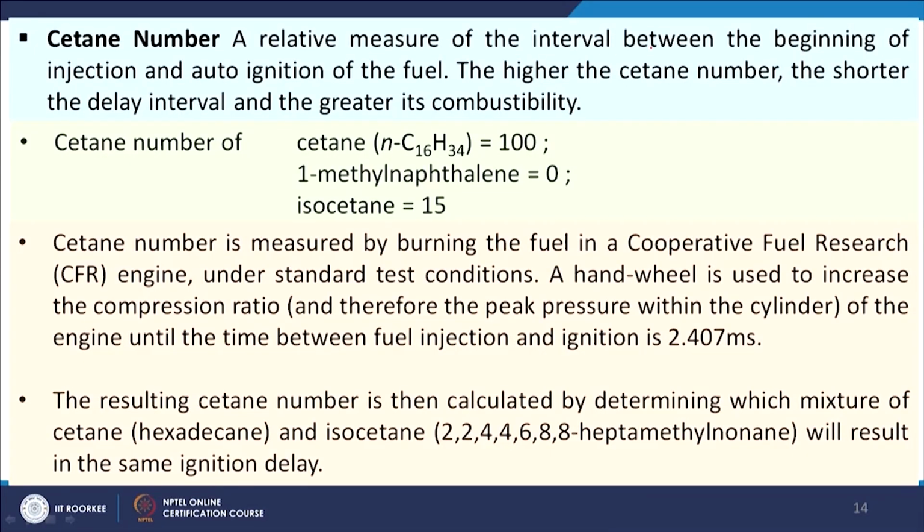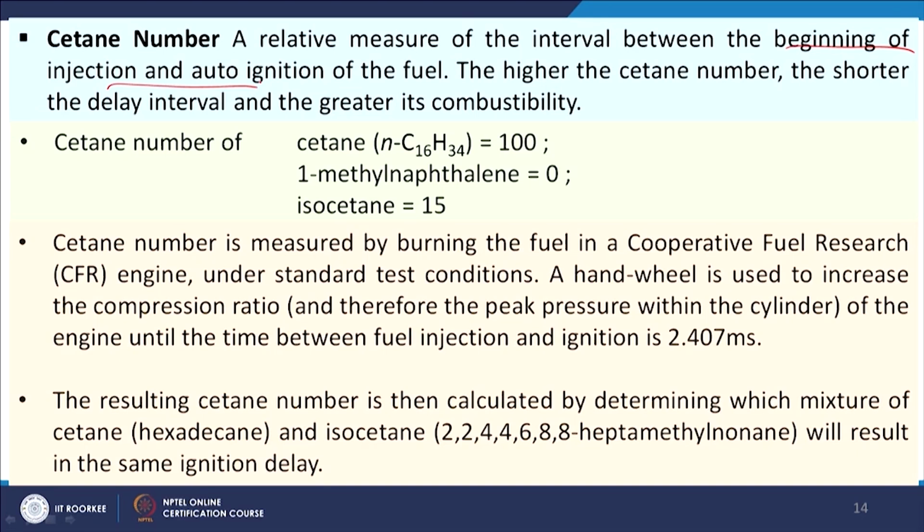Cetane number is a property of diesel. It is a relative measure of the interval between the beginning of injection and auto ignition. So, how much time is left is the indication of the cetane number.